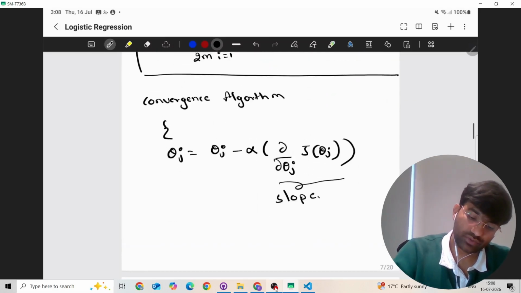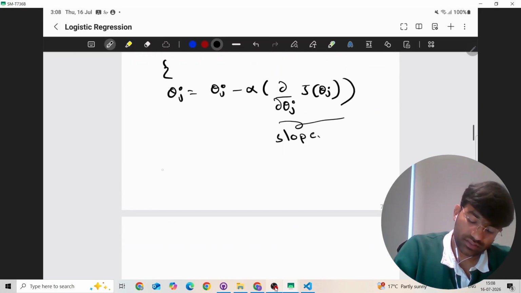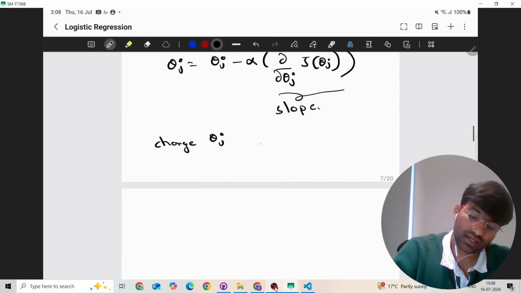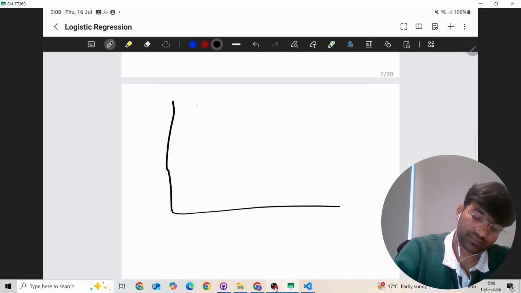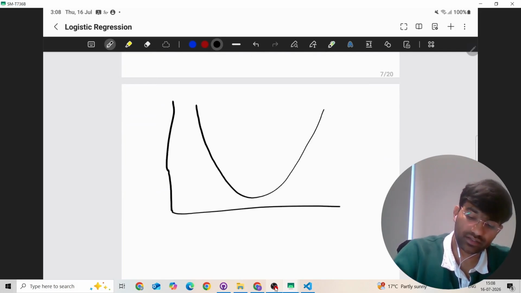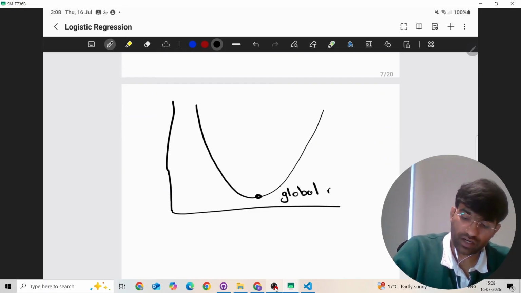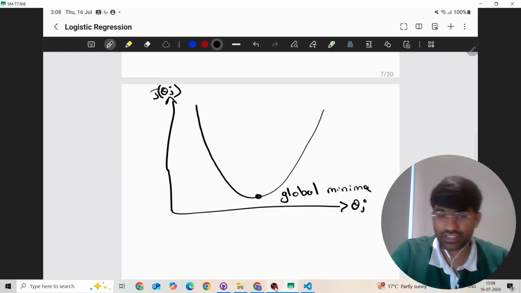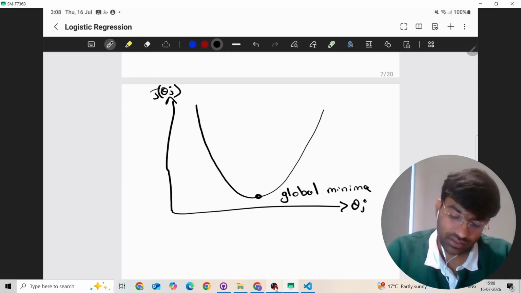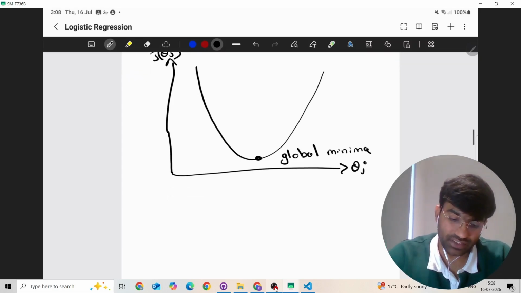So we have to change the theta j value and apply the convergence algorithm to reach the point of global minima. This is theta j, this is J of theta j. The convergence algorithm, which I explained to you in linear regression, repeats here.